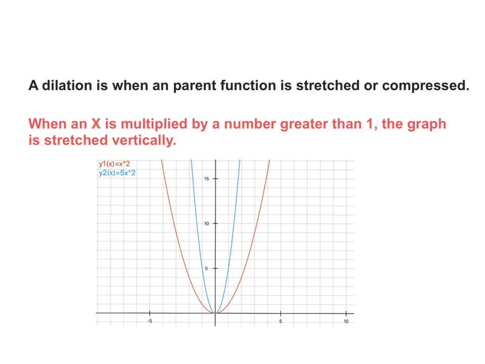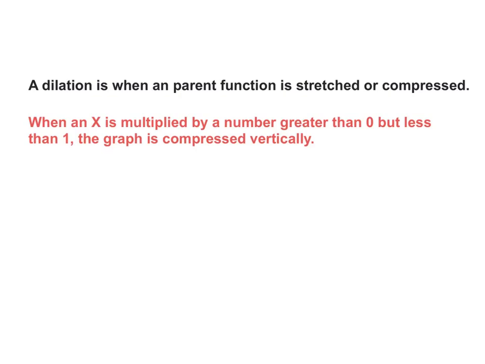That's what a compression is. In order to do that, we have to multiply by a fraction greater than 0 but less than 1. So when I multiply by a fraction between 0 and 1, it will get compressed. It'll get smushed down.